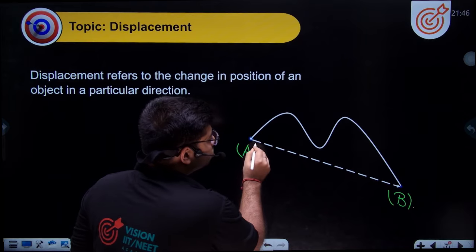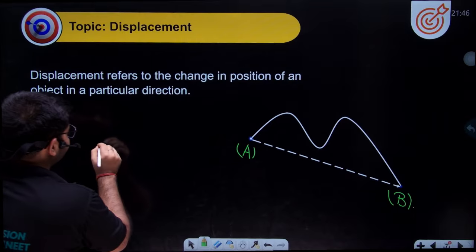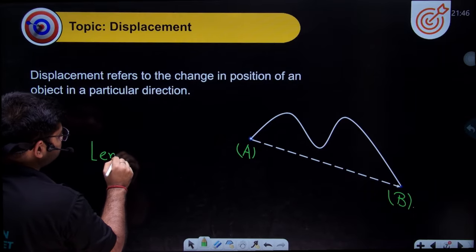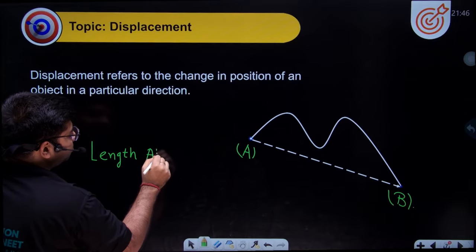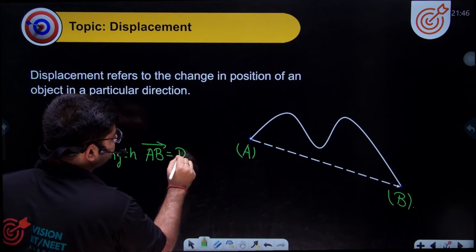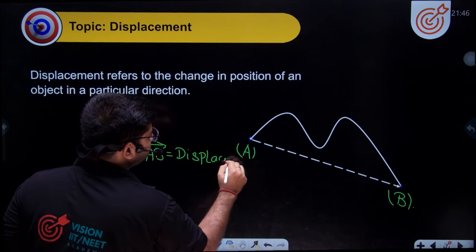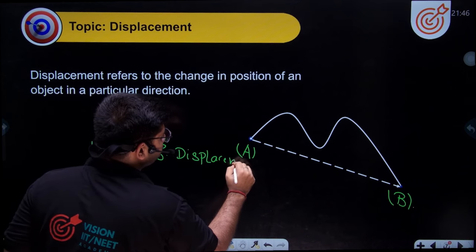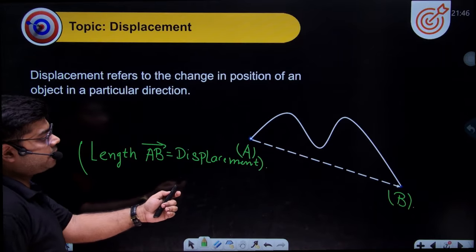So this length AB gives you displacement AB, right?